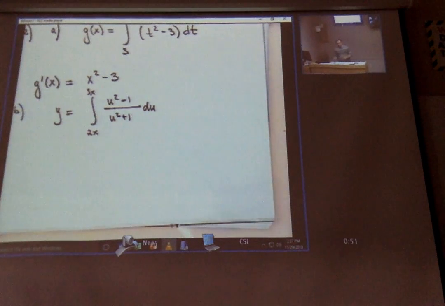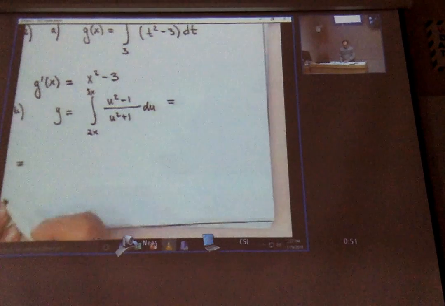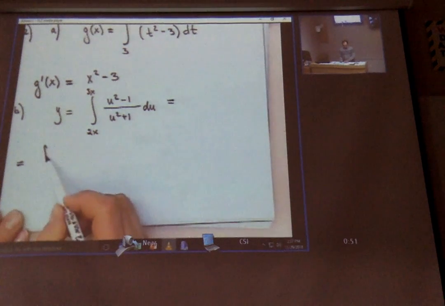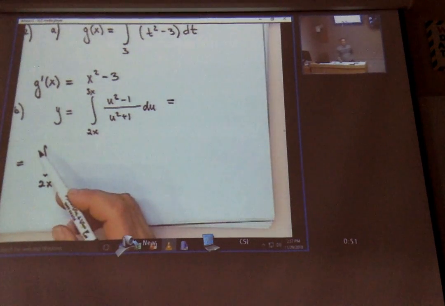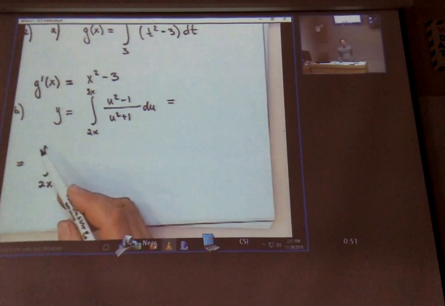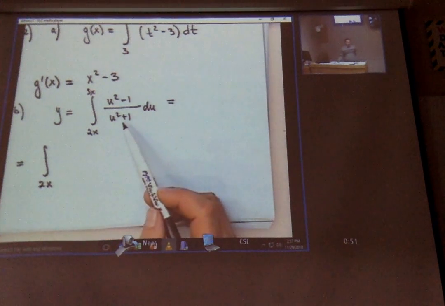So before I even take the derivative, I have to split this. I have to fix this. I will split this at 2x, and here, again, remember we talked about this, you can put any number, but just be careful with the function inside. Make sure you will not have division by 0.